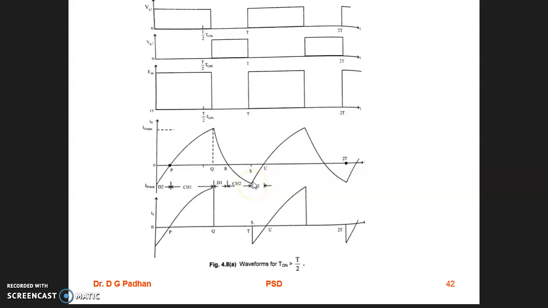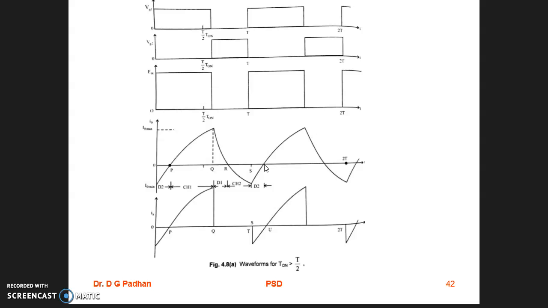Now chopper 2 is turned off and the gate signal is given to chopper 1, and the same history repeats, but chopper 1 does not turn on here, as the current is negative and diode D2 is conducting. Now the current starts decreasing, as the supply voltage is opposing the back EMF EB.